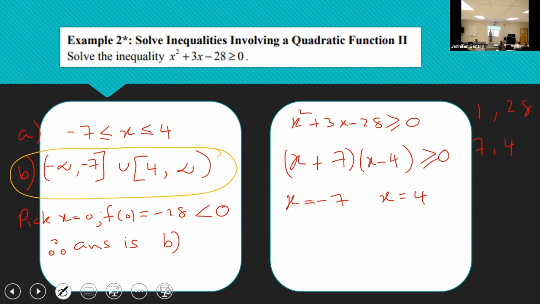I do want to say though, in Kenzie's defense, you can pick 2. Then you go 2 squared plus 3 times 2 minus 28. Kenzie, what's 2 squared? 4. Plus 6. 4 plus 6 minus 28.